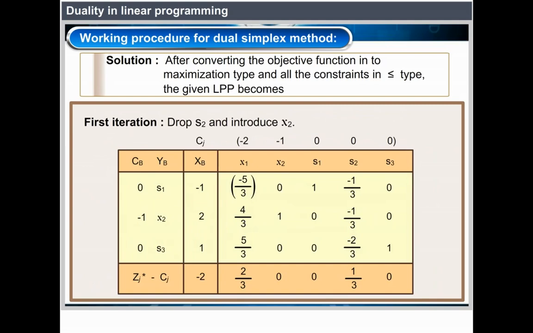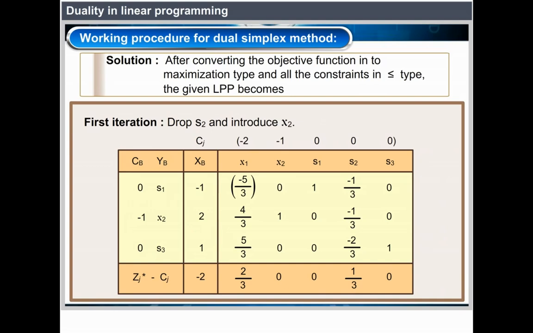Now we can see the table: CB, YB, XB, x1, x2, S1, S2, S3. First row, 0 for CB, S1 for YB, minus 1 for XB, minus 3 for x1, 0 for x2, 1 for s1, minus 1 by 3 for s2, 0 for s3.